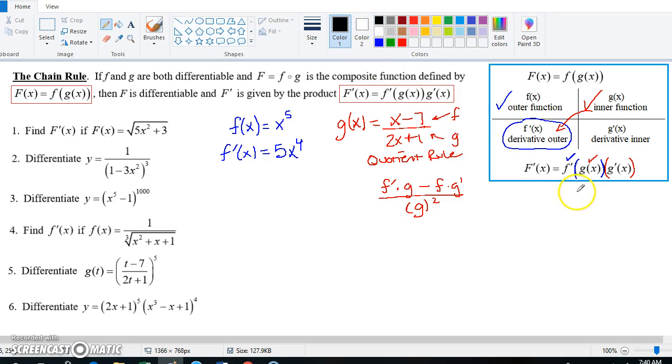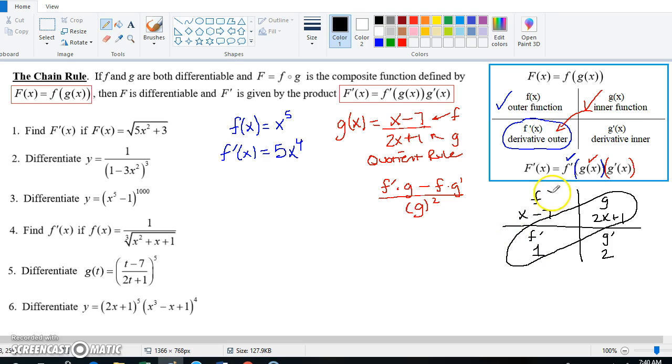In a previous class, I also set up f and g and f prime and g prime. We could do that here, call this x minus 7, 2x plus 1. What's the derivative? It's just 1. What's the derivative? It's just 2. All right, so if I need this quotient rule, I need this product minus this product in the numerator.